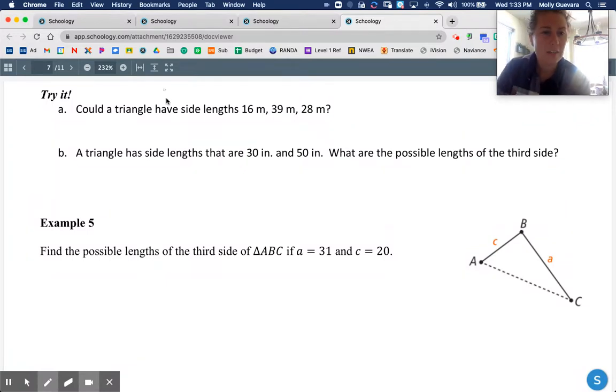Okay, so here it says, could a triangle have side lengths 16, 39, and 28? So I'm just going to pick 2 of these sides. Again, it doesn't matter. I'm going to go with those 2 just because they were the first ones. The sum of these, if I add these together, I get 55.